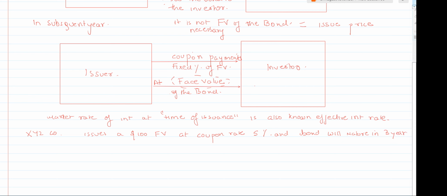And the effective interest rate or the market rate of interest for similar bonds today is, say, 4%. So guys, will this bond be issued at a discount or premium?